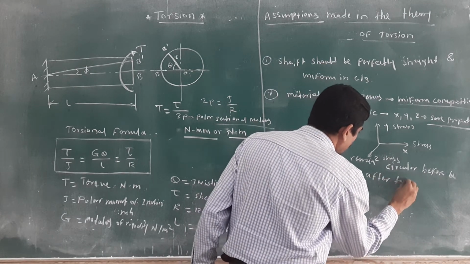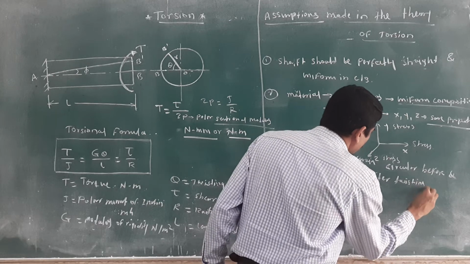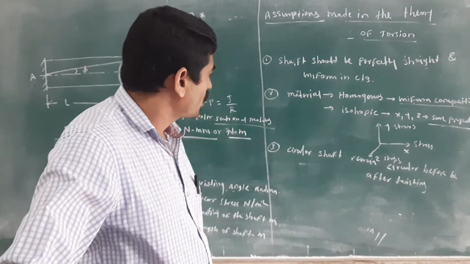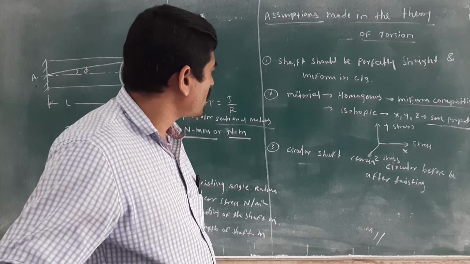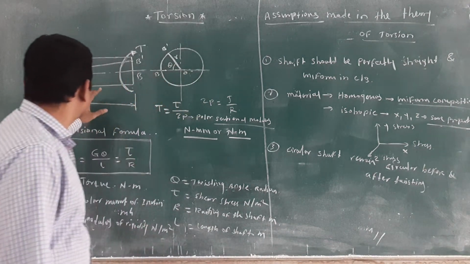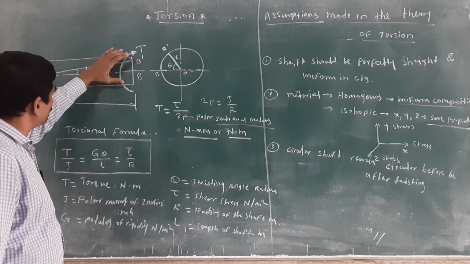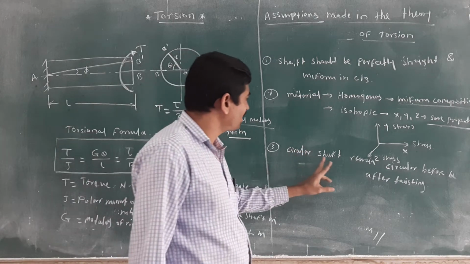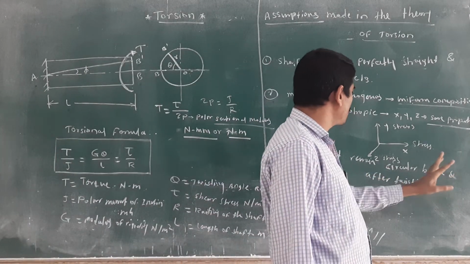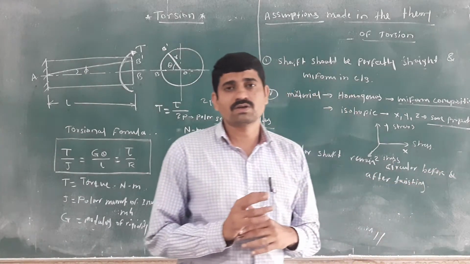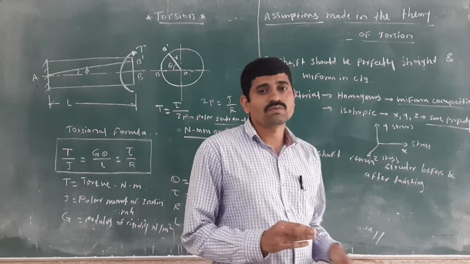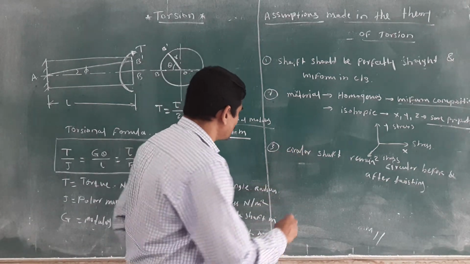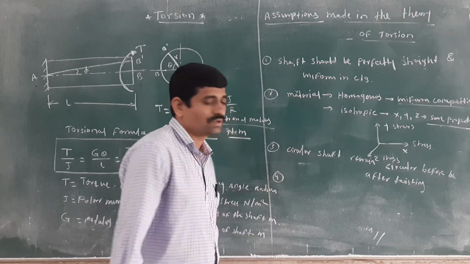When a couple acts on the shaft, the shaft may appear to bend, but you have to consider that the circular shaft remains circular before and after twisting. This is the third assumption. We consider the circular shaft as it is.